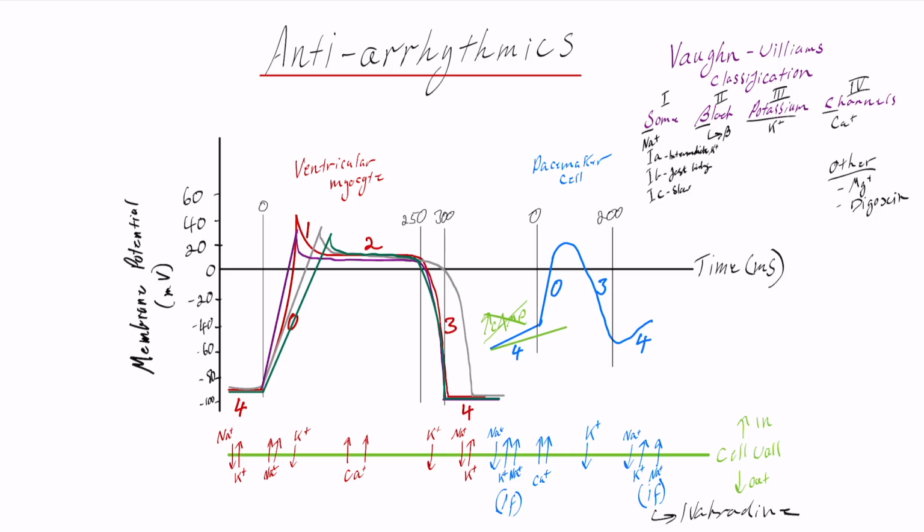So when you reach threshold, which is about here at about -40, -50 millivolts, you then trigger your calcium channels, leading to a depolarization. And by the time you reach the bottom, you then have this more shallow angle here, meaning that you have a slower heart rate. So they slow the heart rate down.